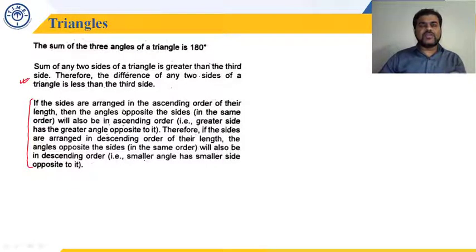Similarly, the side which is opposite to the smallest angle is the shortest, and also vice versa. Fine. So this entire paragraph exactly tells you the same thing that I have just told you.